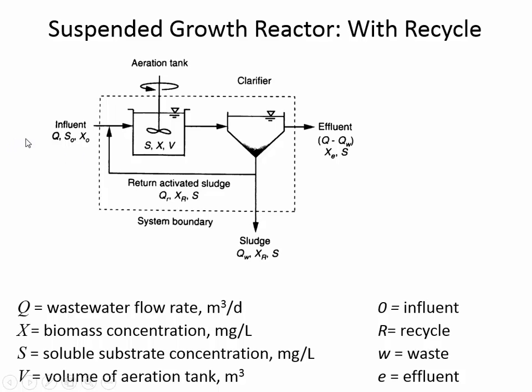What we have is a flow rate of the wastewater coming in, Q, and you'll notice that the flow rate coming out of this system inside of the control surface is the flow rate Q minus the sludge flow rate, because we actually have two streams coming out. We have the clean water as the effluent. That's clean after it's been treated. And then down here is the sludge that we're sucking from the bottom of the clarifier.